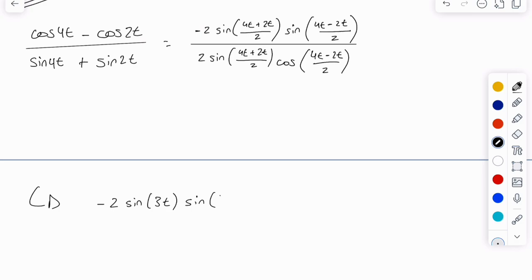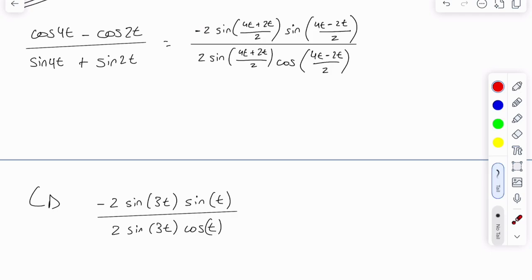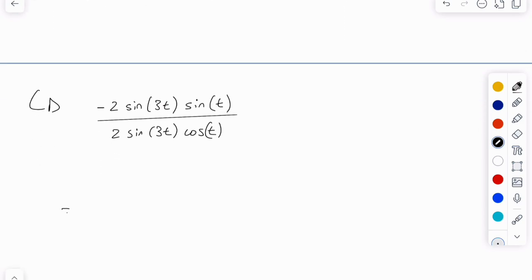Okay, sine 3t, sine t. Okay, and then we got 2 sine 3t over cos t. Okay, and what do you know? These are going to cancel. Okay, which means we therefore get negative sine t over cos t, which equals negative tan t.